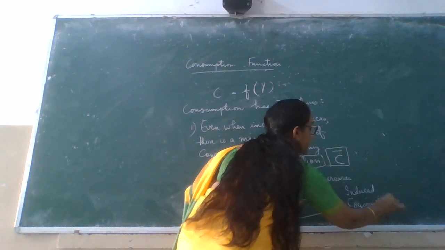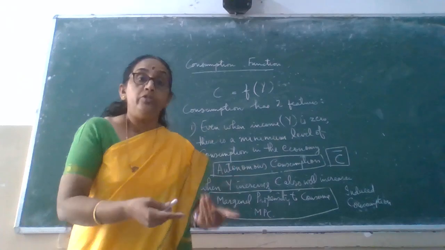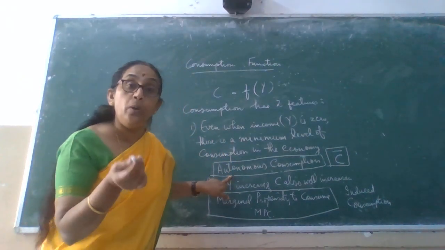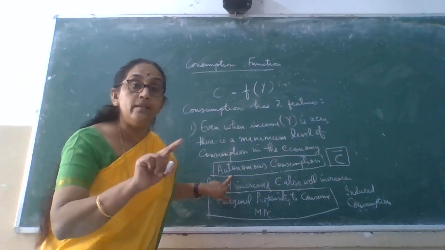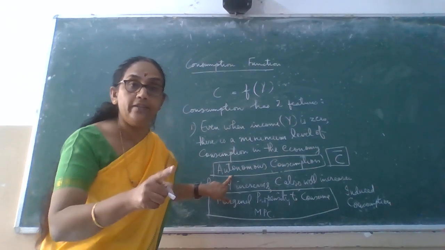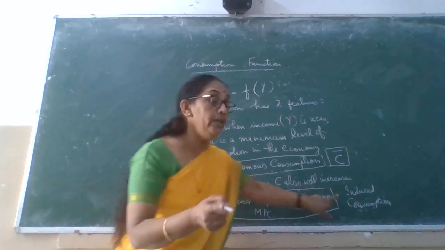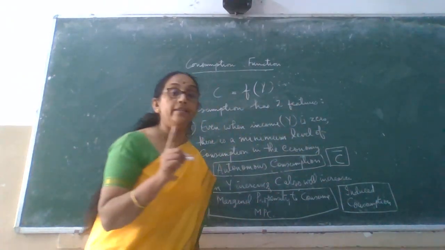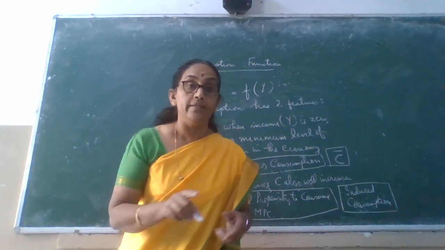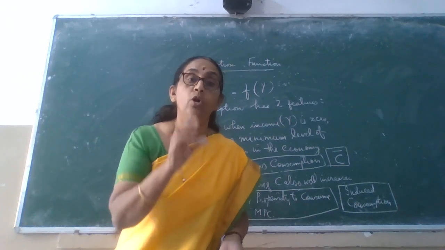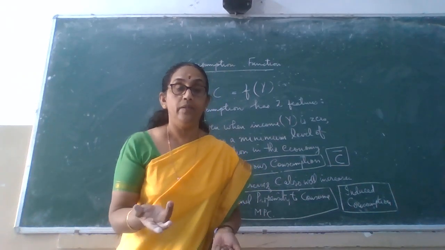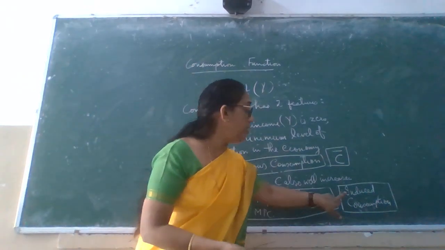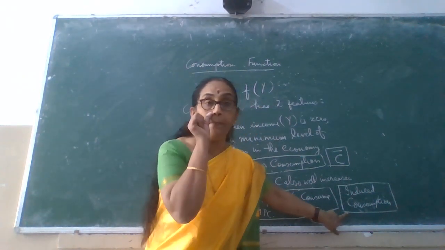That means the consumption is encouraged by some factors. Previously, we learned autonomous consumption, that means the consumption is not affected by any factor. Now, induced consumption means the consumption is affected by some factors. Which factor affects the consumption? Obviously, the income. So income affects the consumption, and that level of consumption is known as induced consumption.